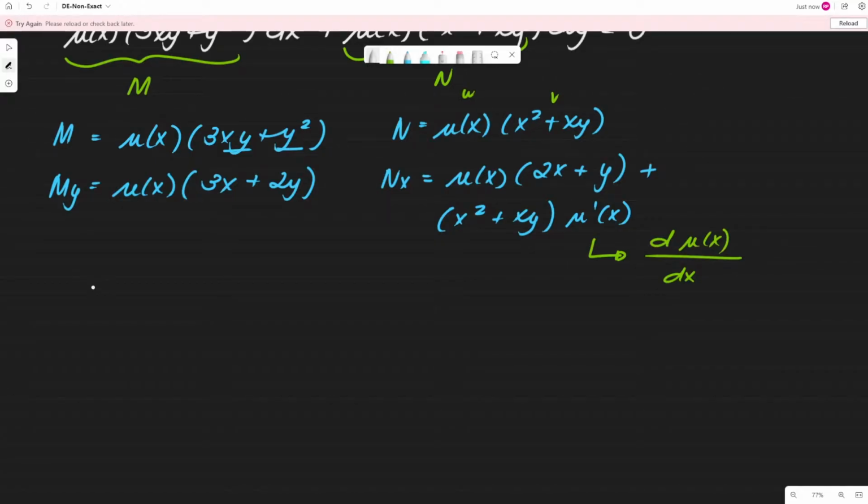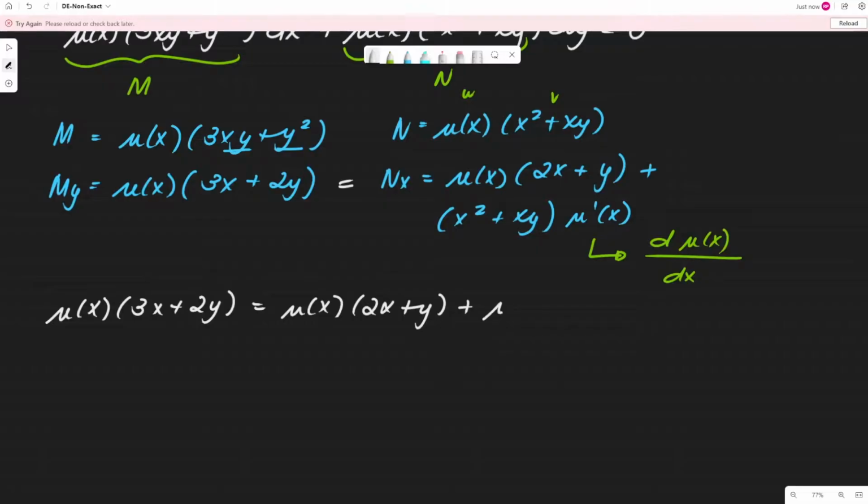So let me equate, because they are said to be equal when it is exact. So that will be mu of x times 3x plus 2y is equal to mu of x times 2x plus y plus mu prime of x times x squared plus xy.